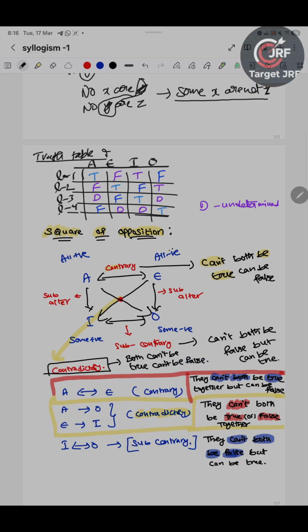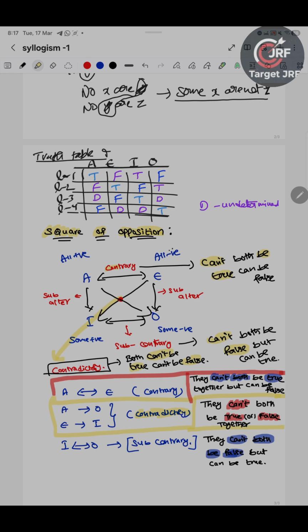So these are the three statements that you must remember. First, can't means cannot be true. Then subcontrary means the opposite, cannot be false. And contradictory means cannot be true and cannot be false together. These are the three that you must remember.